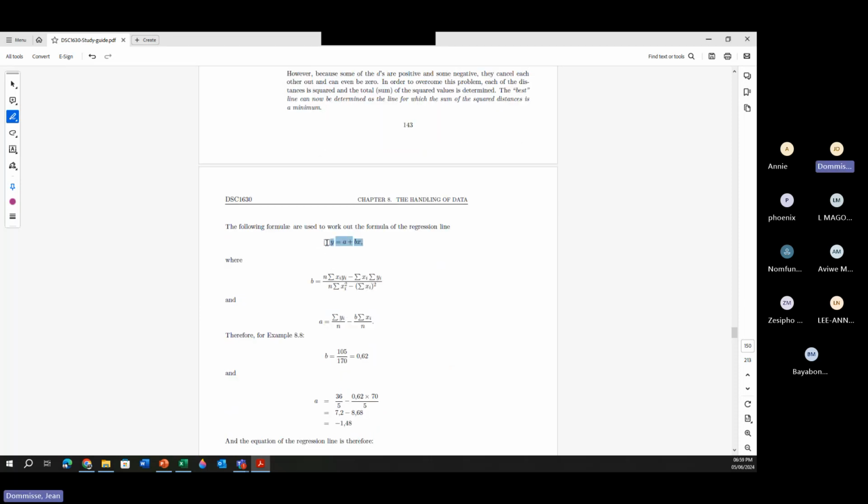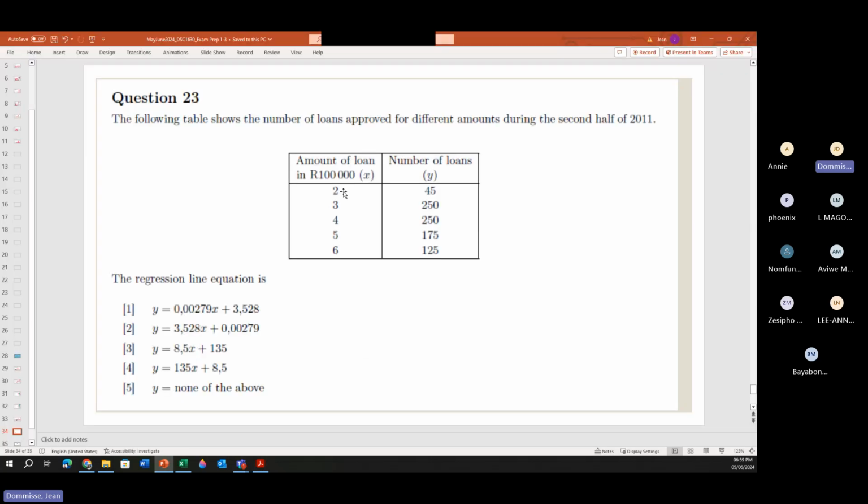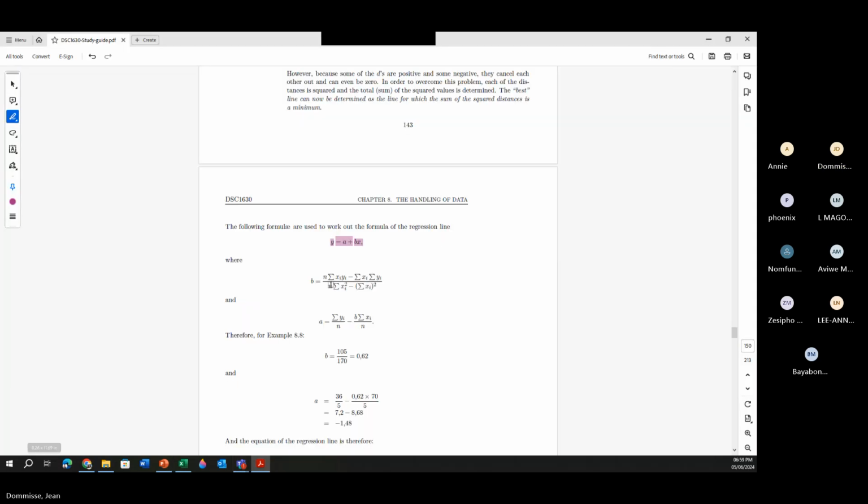For the straight line, you would have needed to again work out the x times the y. So again, in this instance, the x times y, added all of them together, then the sum of all the x's, the sum of all the y's, and subtract that, with the extra steps.